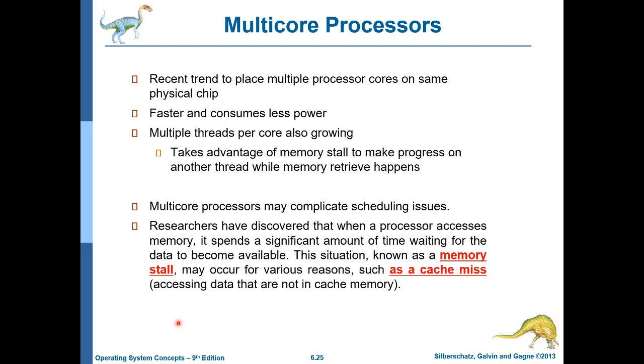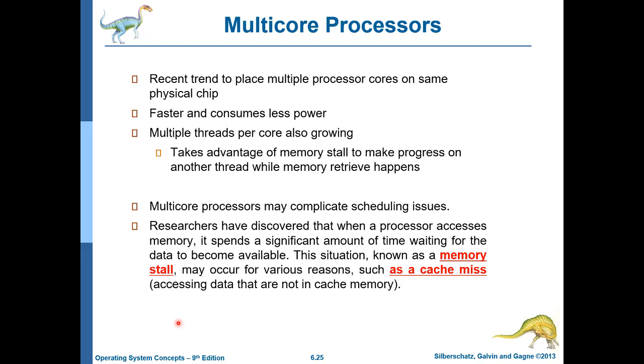Memory stall is the time during which the CPU brings data from the main memory to the cache, and in this time the CPU has to wait for the data, so it cannot execute any instruction. So what we do is that if there is a memory stall, in this time we can load another thread, which is ready to be executed, so it will start execution.